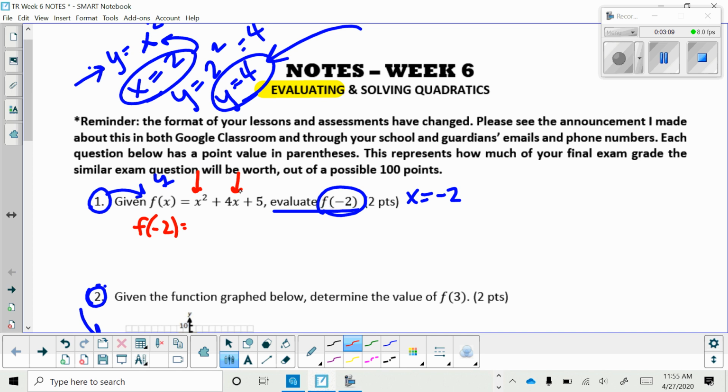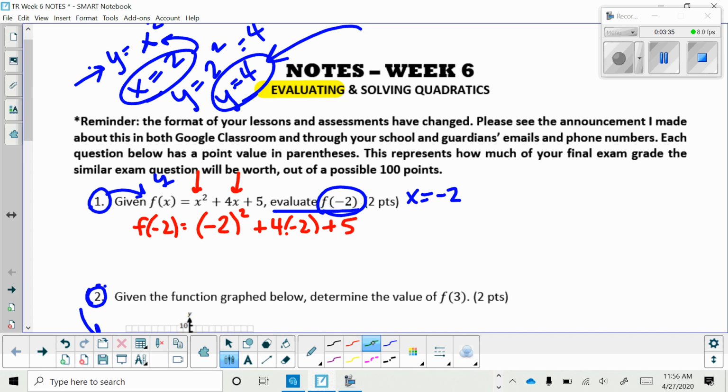You have to be careful, though, with your order of operations and using parentheses around the negative 2. So when I plug it in for that first x with the x squared, I'm going to put parentheses around it to show that all of negative 2 is squared. And then I have plus 4 times negative 2, and then plus the 5.